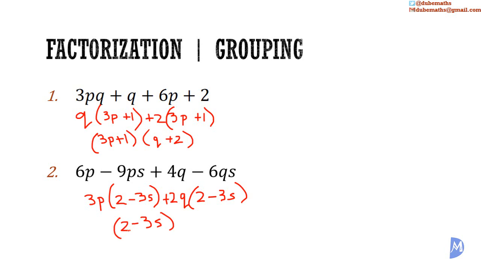What do I multiply 2 added to negative 3s by to get 3p(2 minus 3s)? I multiply it by 3p. And I multiply it by positive 2q. So there we have it, the factorization.